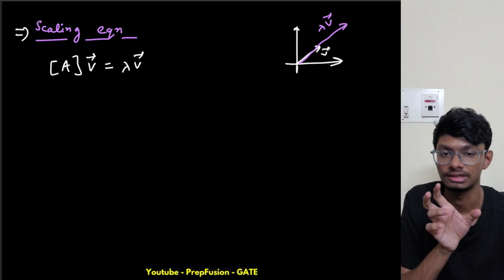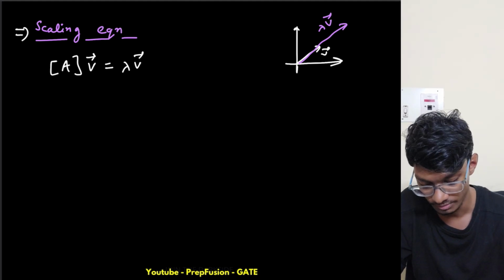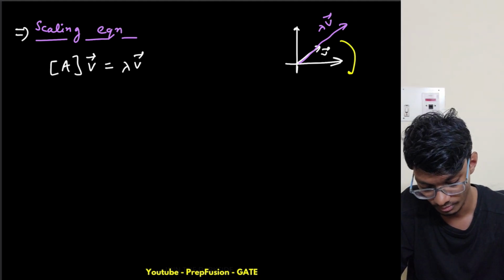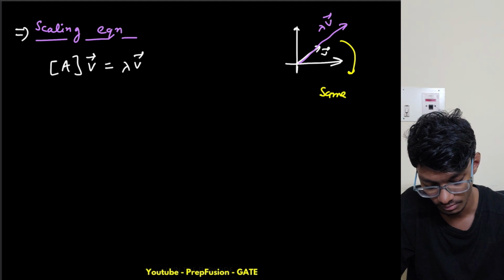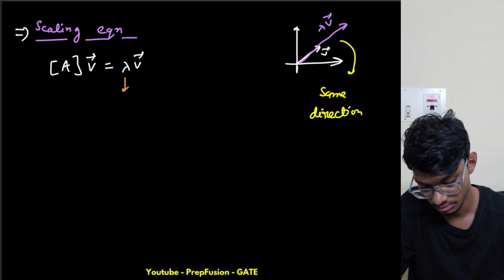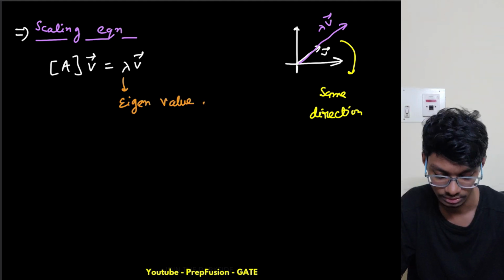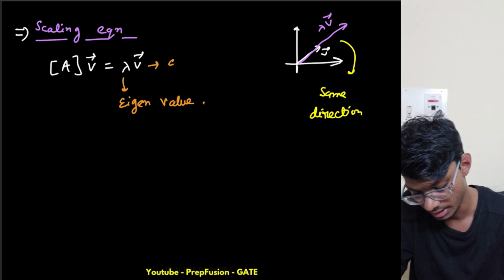Now this is known as the scaling equation. My direction doesn't change, I'm in the same direction. This lambda is known as the eigenvalue, and this V is known as the eigenvector.